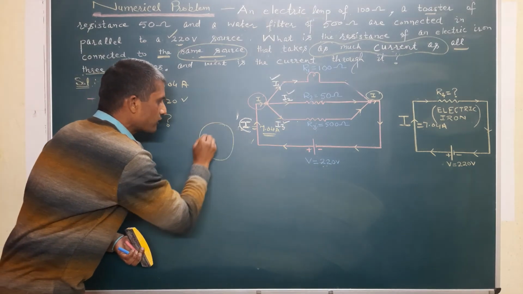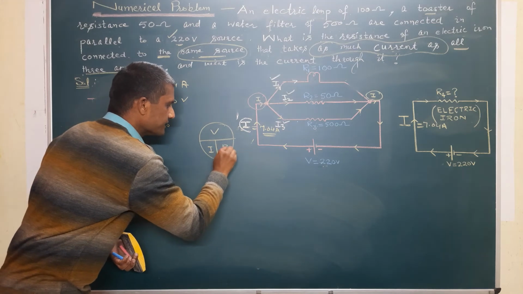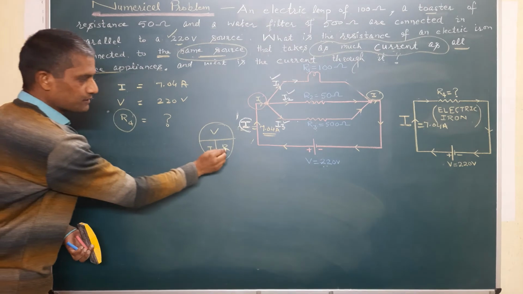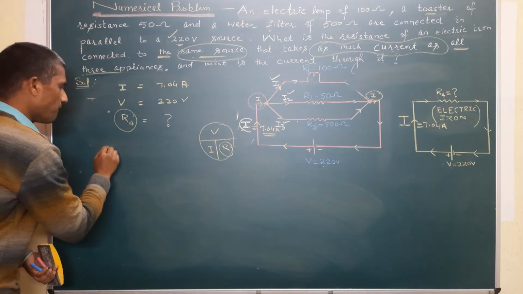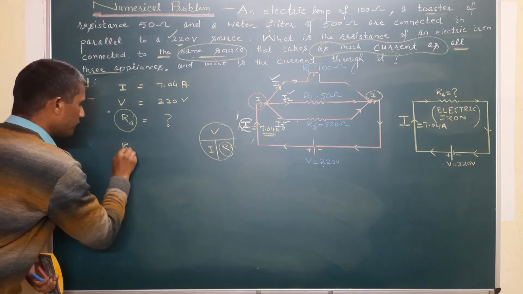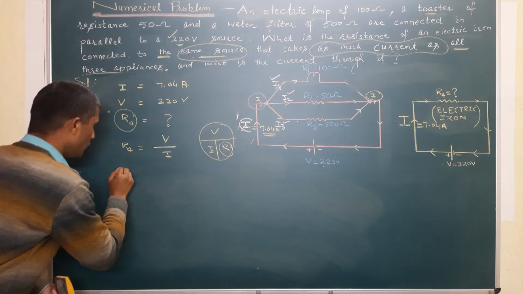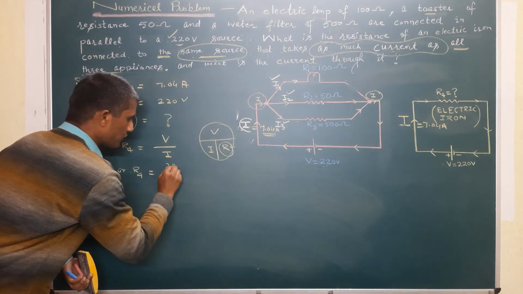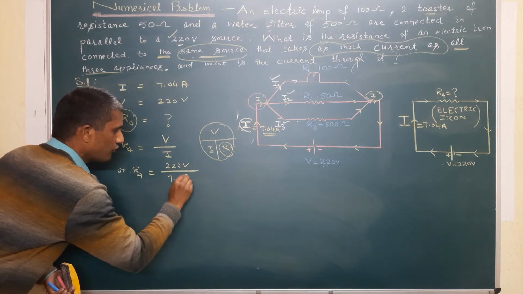Once again the triangular technique will come into play. It is V, I, and R, and we want to find R4. It means R is going to be V upon I. So by using Ohm's law, we write R4 is equal to V upon I, where V is 220 volt and I is 7.04 ampere.